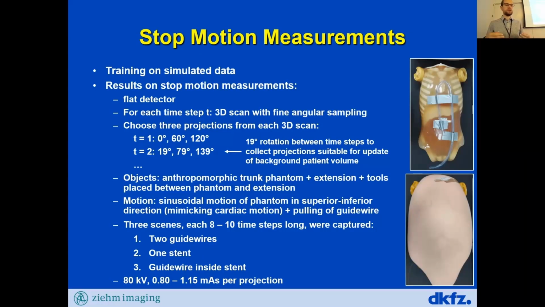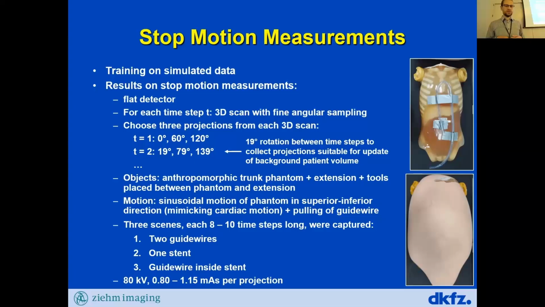And for the next time step, we could have used these angles again, but we chose angles that correspond to a rotation of 19 degrees between the time steps. This is done because we not only want to use these projections to reconstruct the tools, but also to reconstruct the patient background. And there it's useful to have projections from all directions.